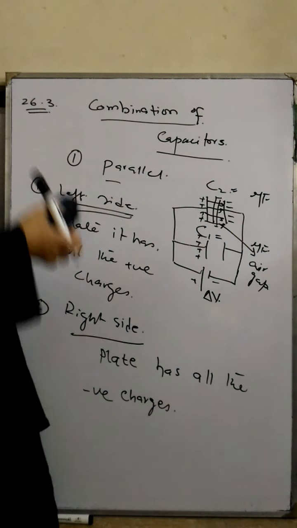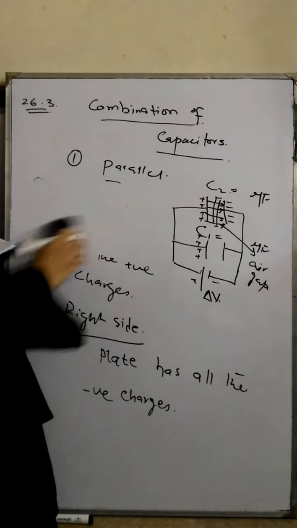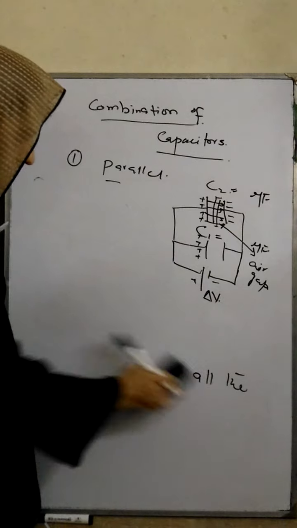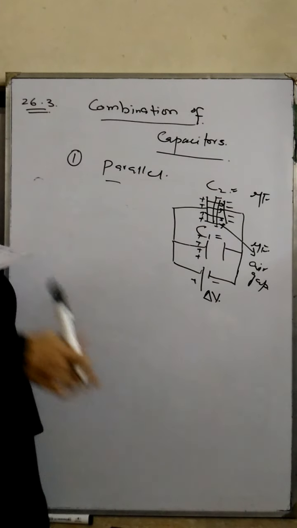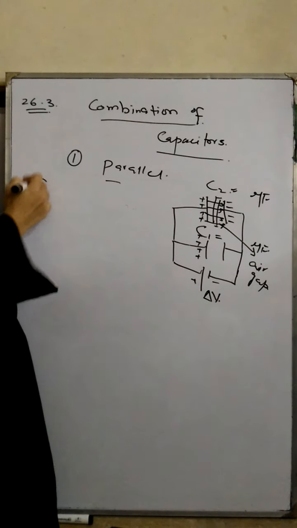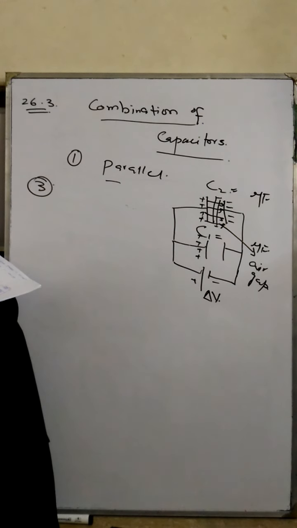The third point is that the individual potential differences across capacitors connected in parallel are the same and are equal to the potential difference that is supplied by the battery.